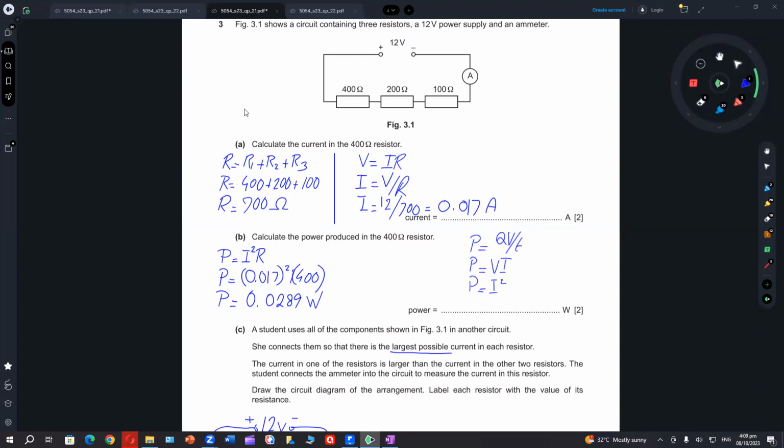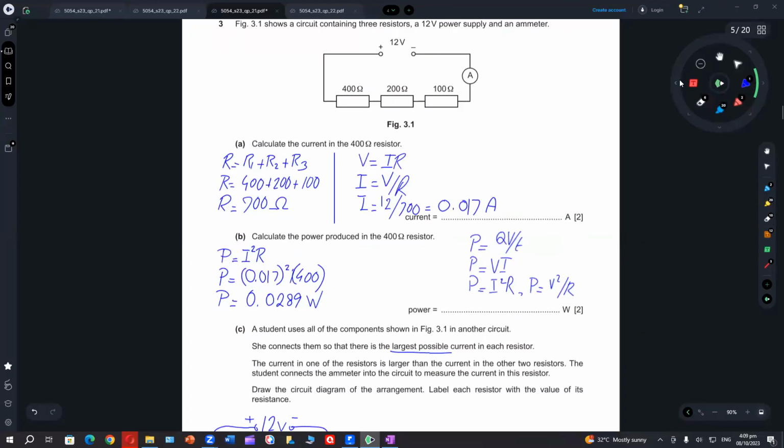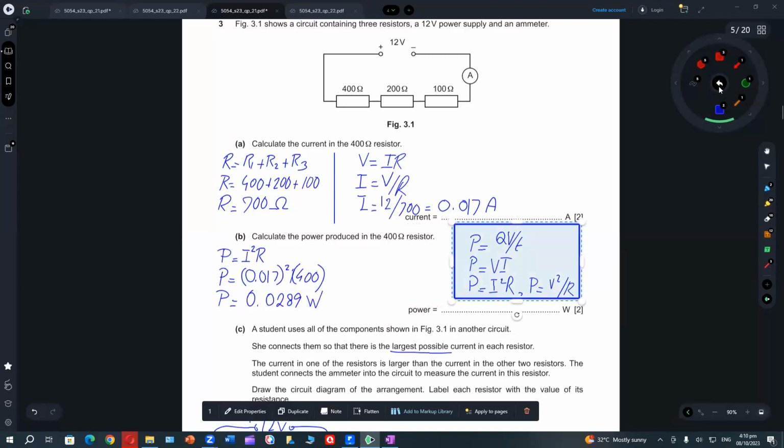Power has a formula I square R. And power has a formula V square upon R. So these are the formulas. You can check these formulas.